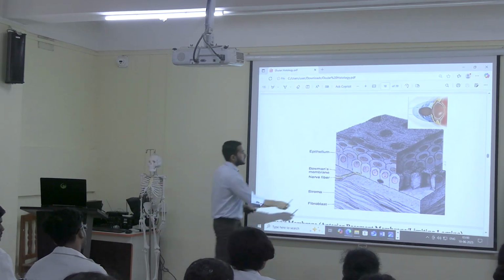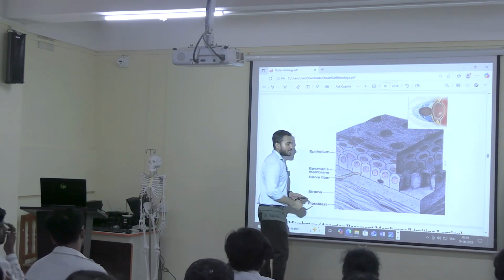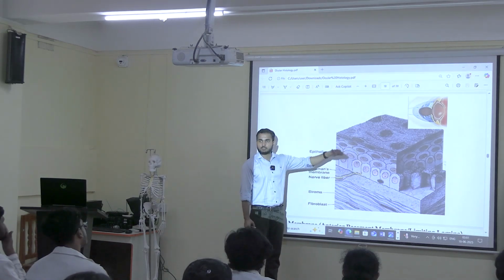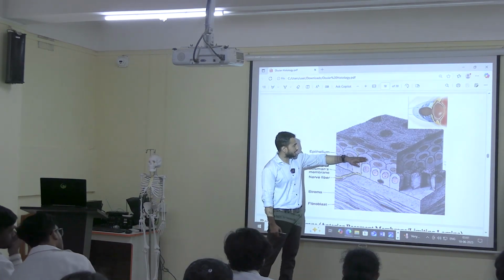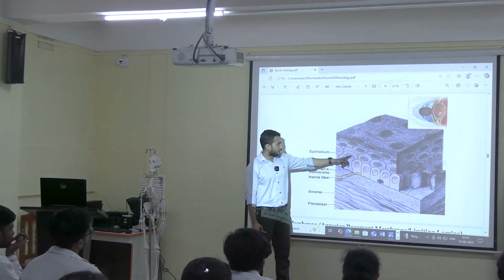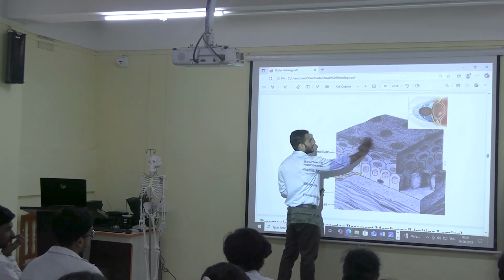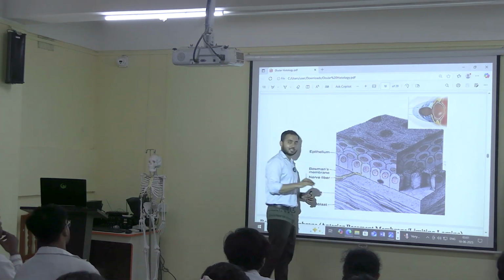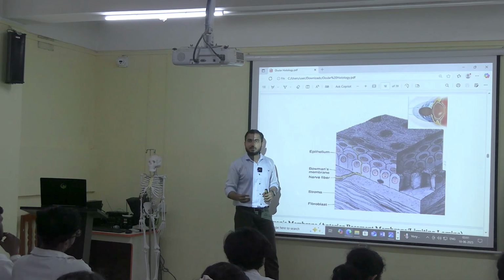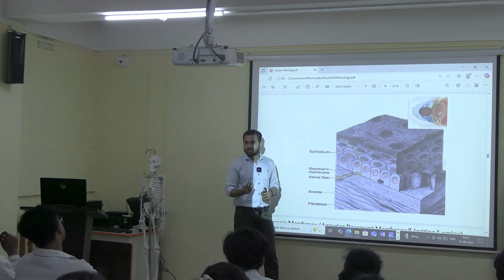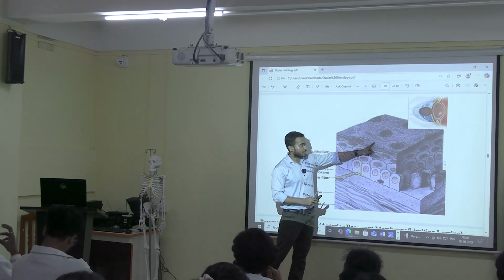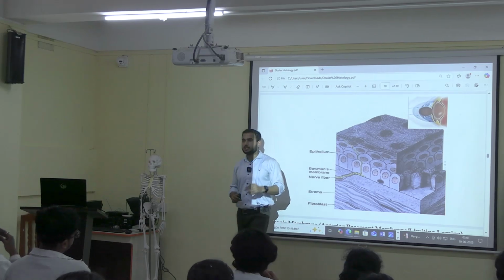Okay, where you can see this is the corneal epithelium. So as I said, corneal epithelium is arranged into multiple layers. See, multiple layers of cells are there. Next, on the surface epithelium, that means the cells which are present on the surface, microvilli like structures are present, as you can see. So what will it do? It will prevent the drying of the cornea.